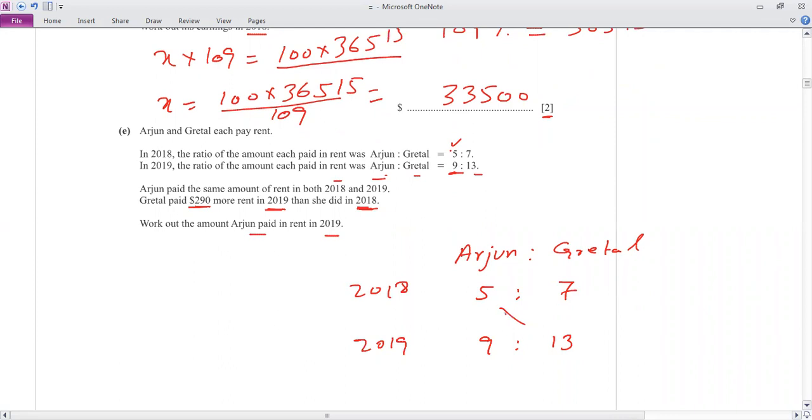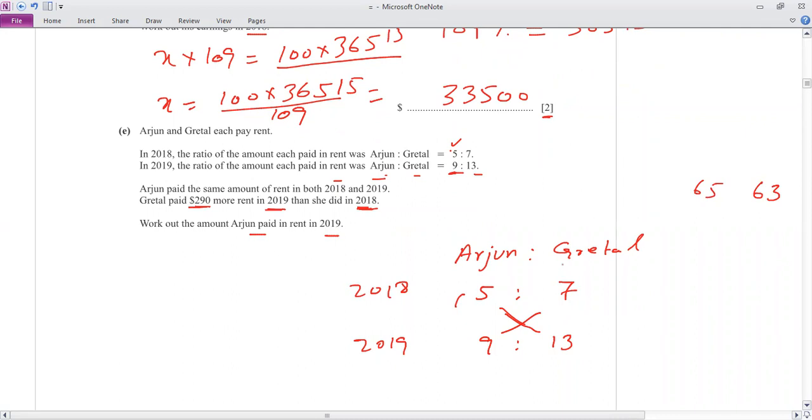Okay, do one thing, cross multiply first. Then it will become 65 and this will become 63. Then the same comparison of Arjun if you do, first do their cross comparison.